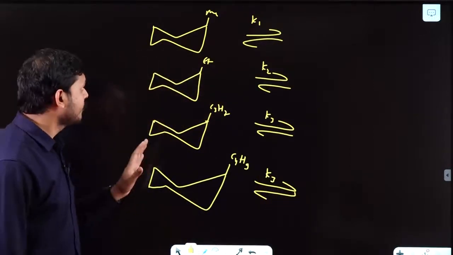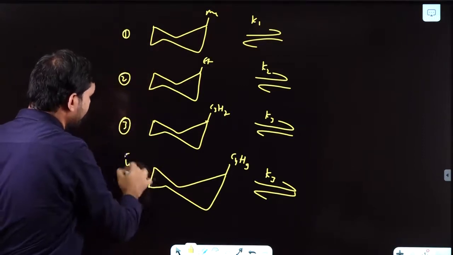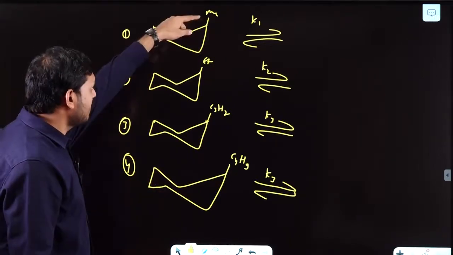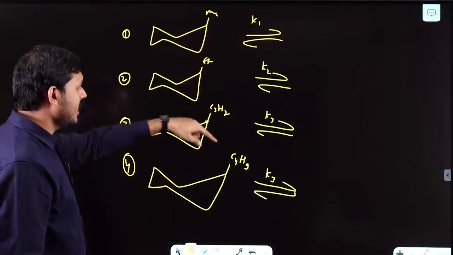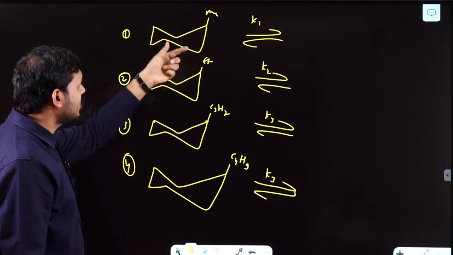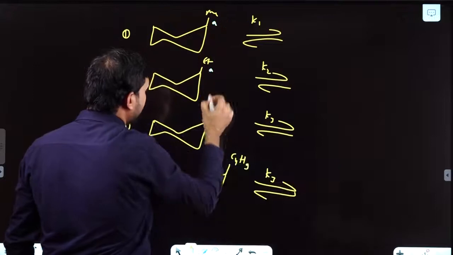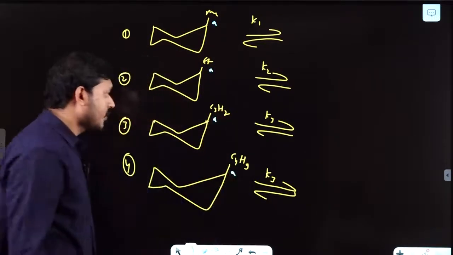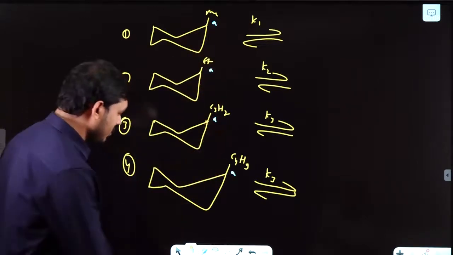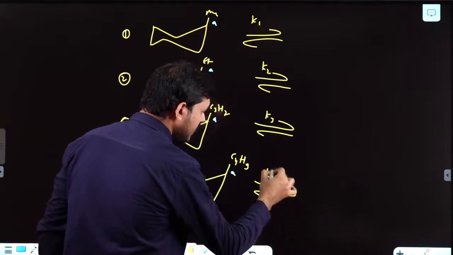Now understand, if you are given these 4 cases, first, second, third and fourth, in all the 4 cases cyclohexane has here methyl, here ethyl, here propyl and here butyl. In all the 4 cases, these mono-substituted groups are at axial positions. So first of all, consider K1, K2, K3 and this is your K4.